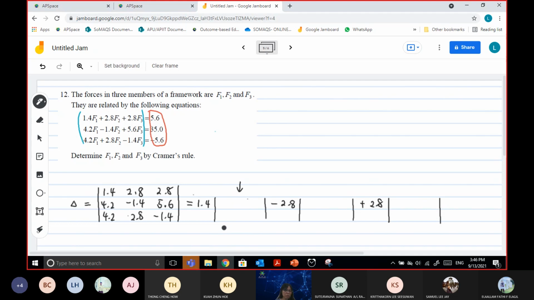Because I need to ensure that students know how to do this, okay? Okay, negative 1.4, then 2.8, 5.6, then negative 1.4. Okay, correct. So for the second matrix, blocking first row, second column.